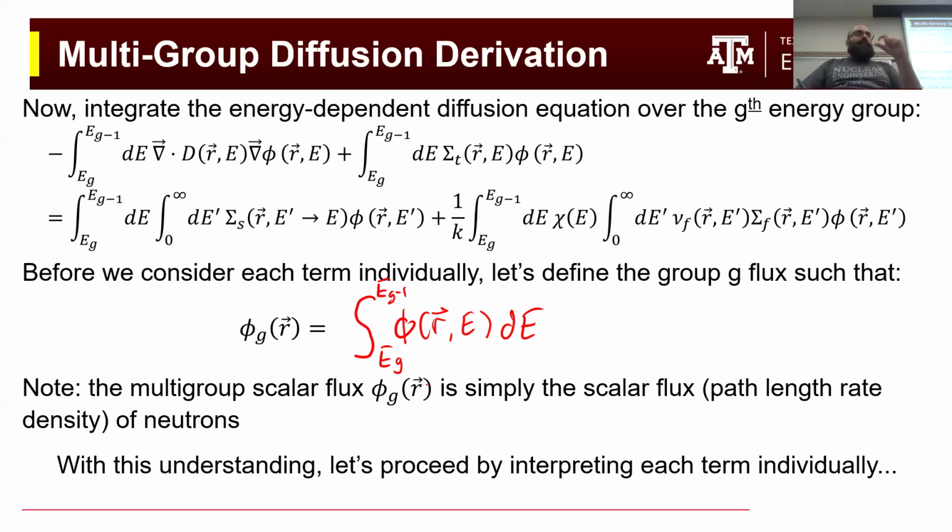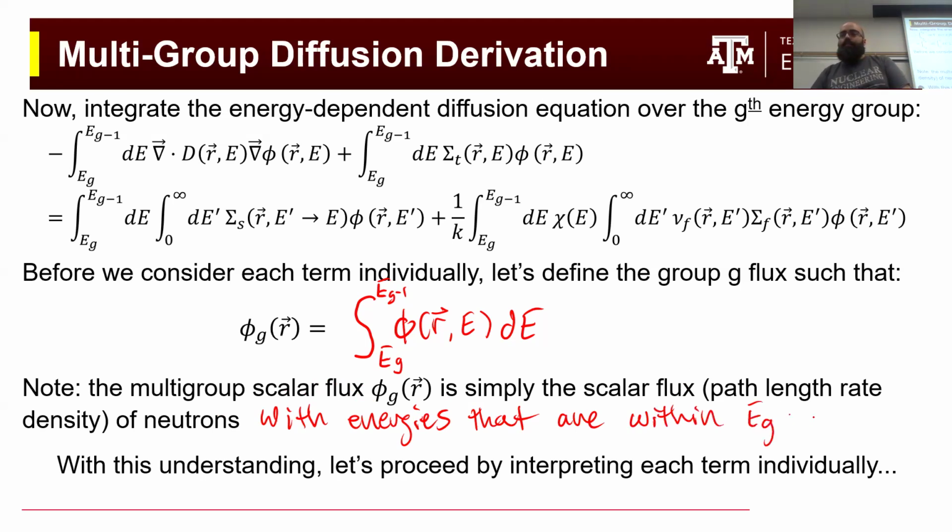Here, because I'm only integrating over this tiny little energy range, phi sub g is basically just telling me about the scalar flux of neutrons that have energies within group G. So it's saying that it's the path length rate density, or path length rate per unit volume, of neutrons with energies that are within E_G less than E less than E_(G-1). So the way to think about it is that it's basically my flux of group G neutrons.